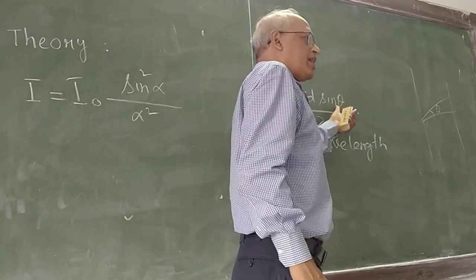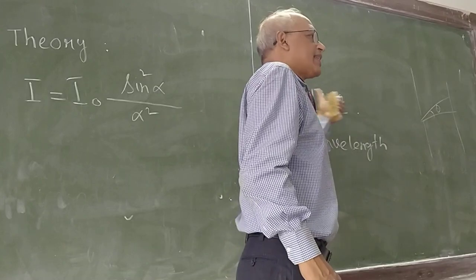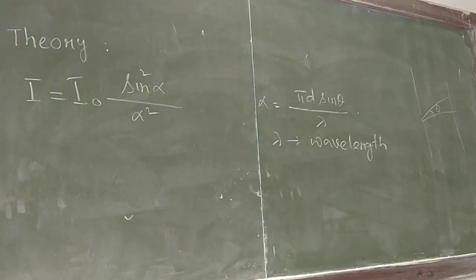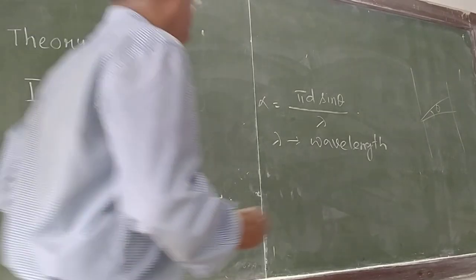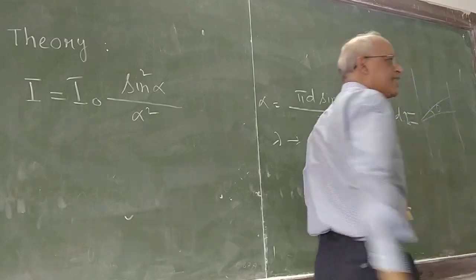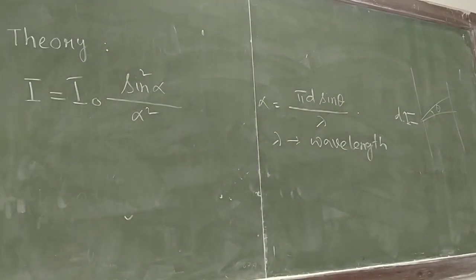And alpha depends on the physical parameter theta. d is the distance of what? d is the distance I told you about, this distance. Done. From this formula we will derive the intensity of the central maxima, secondary maxima and secondary minima. Fine.